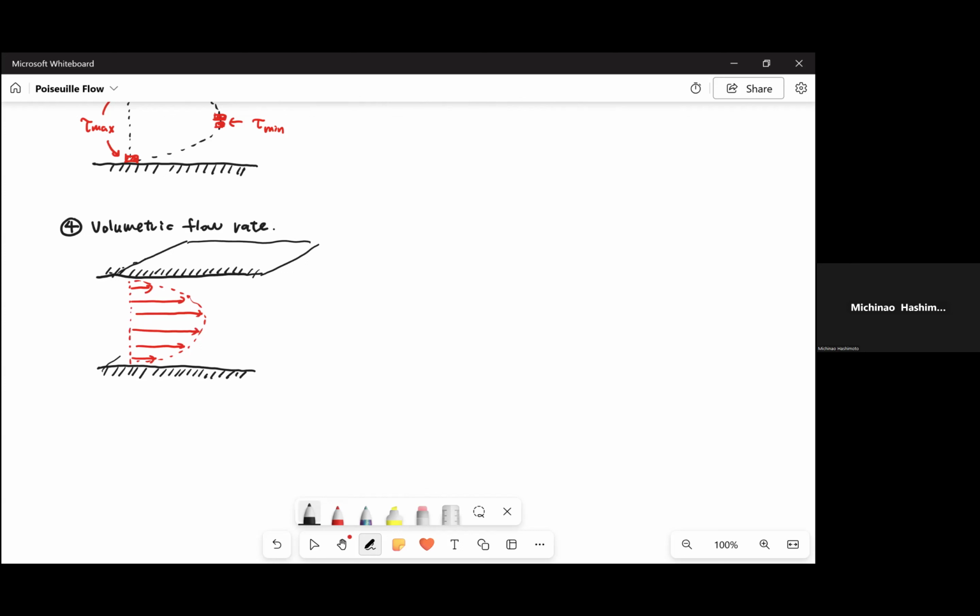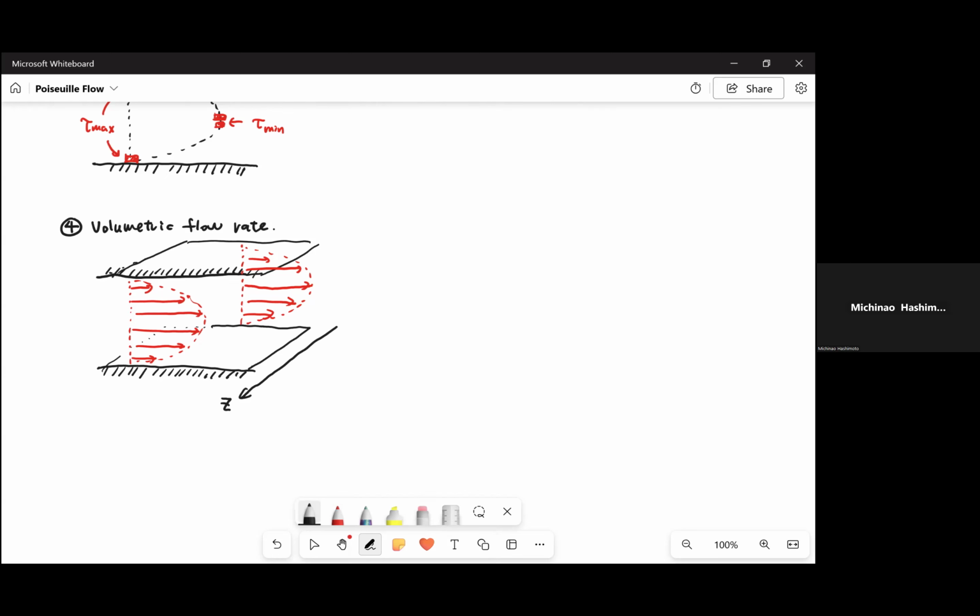We may consider this flow is really going into the three dimensions. So if we consider this particular location, they do have the same flow profile, right? So if I draw this, this particular direction we defined as the z.